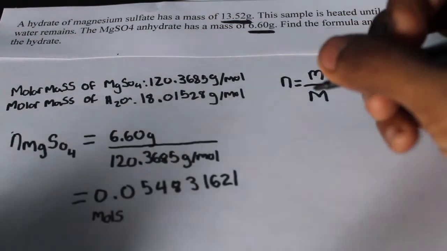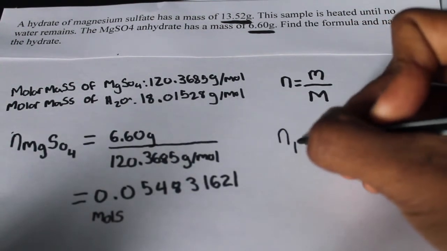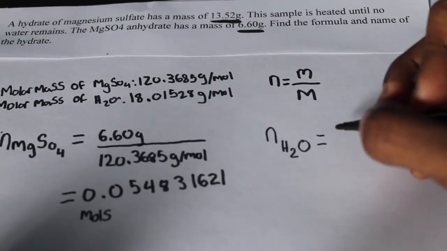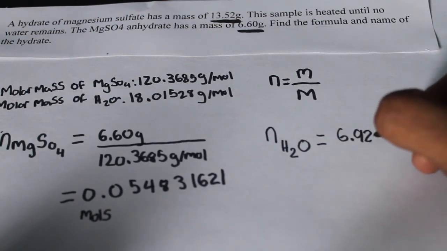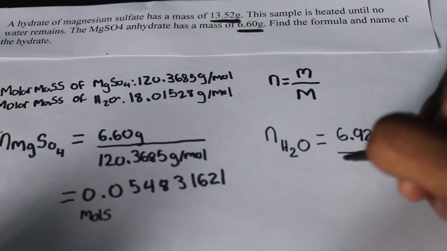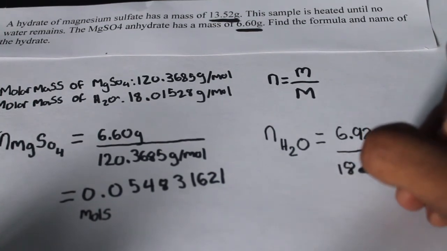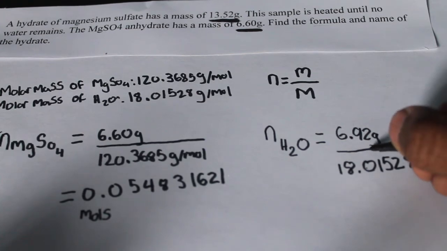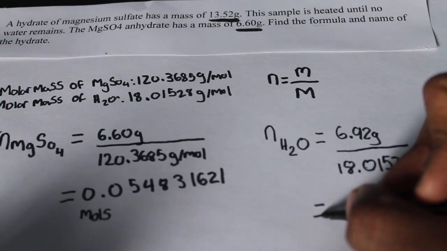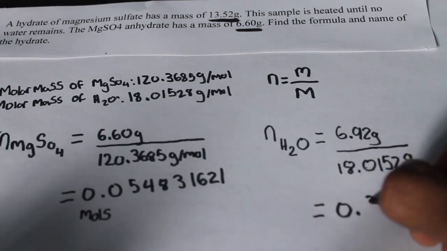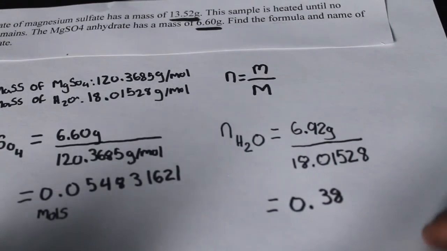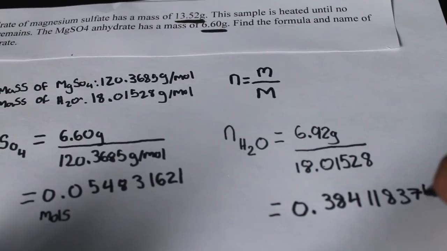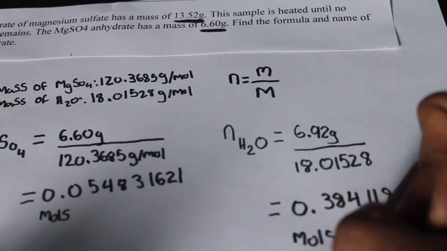Now let's find the number of moles of H2O. So, number of moles of H2O equals the mass, which we found to be 6.92 grams, over the molar mass, which is 18.01528. This equals 0.3844118371 moles.